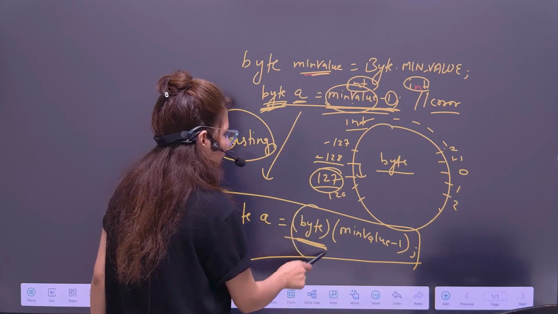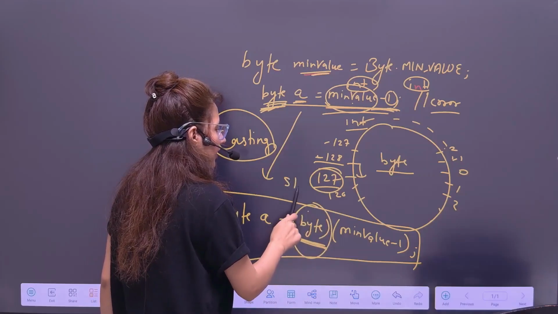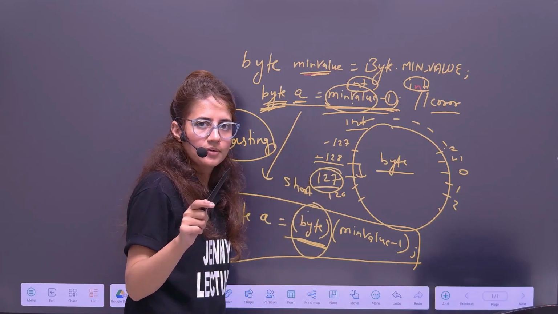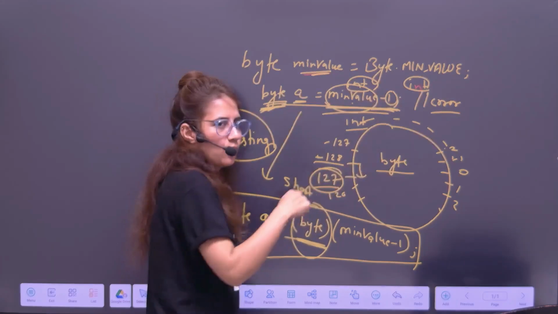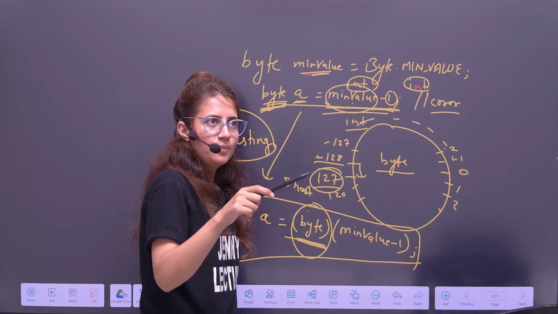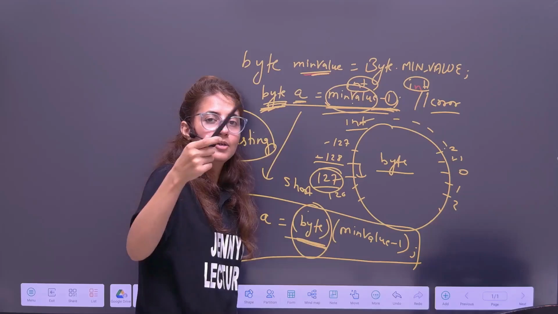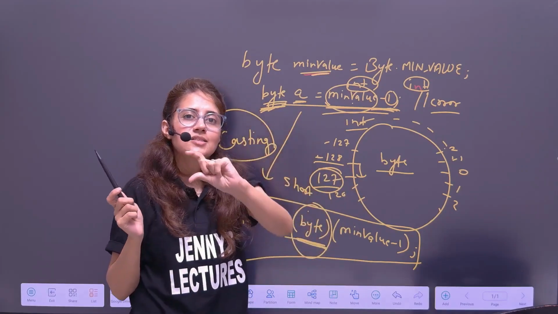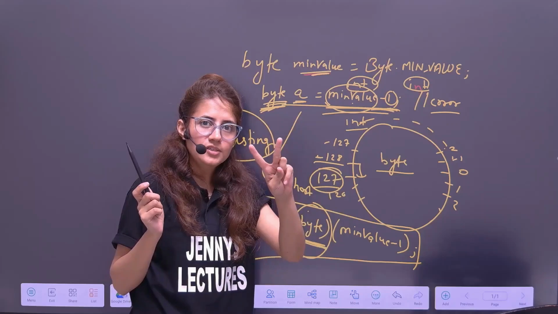So this thing basically happens with byte and short and char. In int, this thing will not happen. In int, it will automatically wrap around. Int will not be converted automatically into long, because int literal is different, long literal is different. Two integer literals are there.